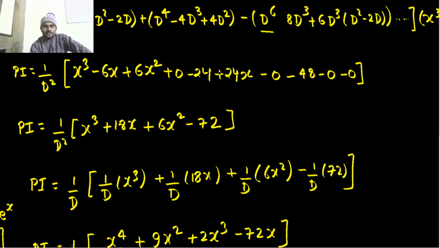There it will be minus 8D cube, and followed by that it will become plus 8D cube. So third derivative is 6. So here the minus 48 term will go. This will become plus 48, and plus 48 minus 24 is 24, positive. So this becomes incorrect.